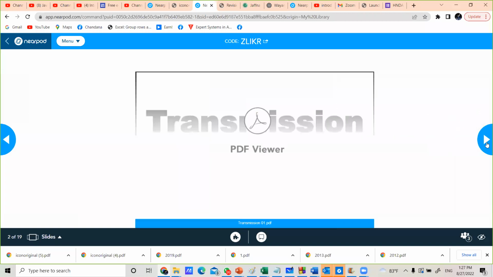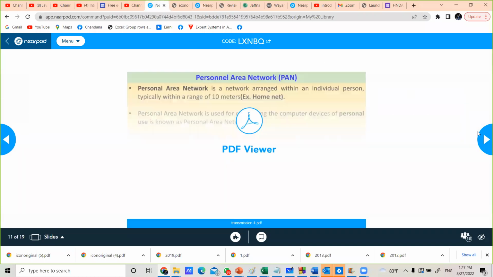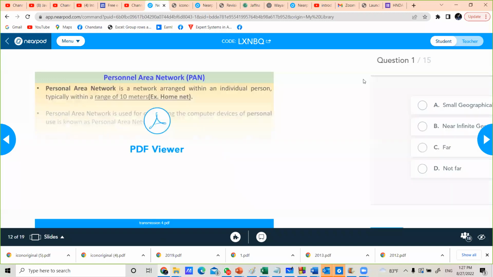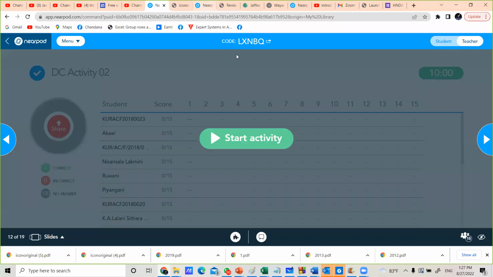Right, now I am going to assign an activity. Here is a multiple choice question set. There are 15 questions available, and you have 10 minutes to complete it.